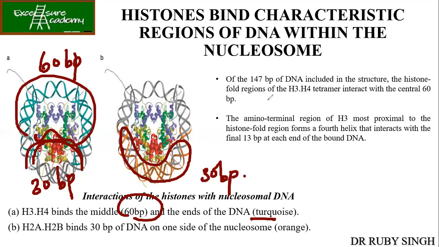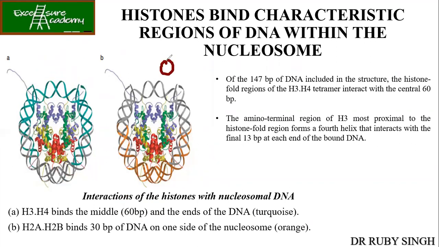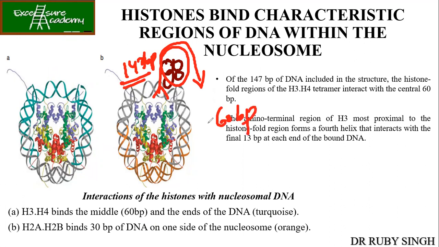So actually what we have always talked about, that nucleosome, so whenever it is like this, entry and exit is there. Of this 147 base pair is there. So of this 147 base pair, 60 base pair is the H3, H4 which is interacting. Okay.